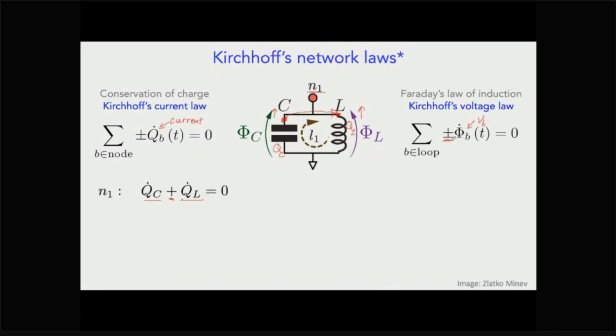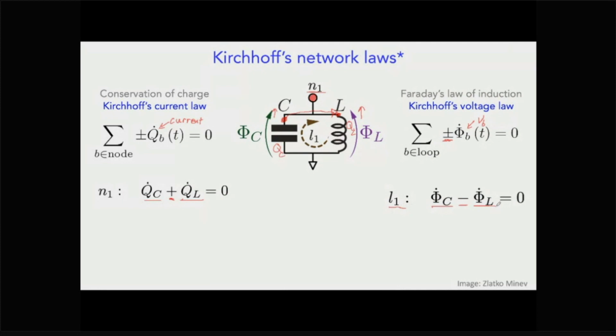And so if I look at loop 1 and I trace how the green arrow here aligns with the brown arrow, I can write down that for loop 1, I have a plus sign for the capacitive flux, and now because the brown arrow is anti-aligned with the purple arrow, I have a negative sign for the flux of the inductor.